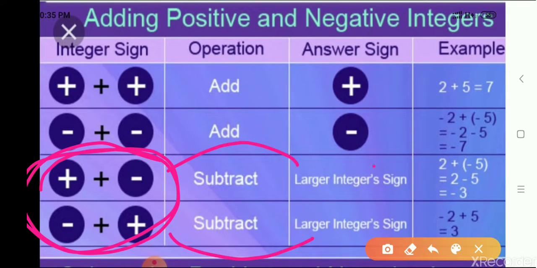So in the first case, if we have 2 plus minus 5, here this plus and minus will get multiplied and will become minus. 2 minus 5, here one is positive and other is negative. So finally we will subtract both the integers and the resultant sign will be negative, because the negative integer minus 5 is the larger and having the negative sign.